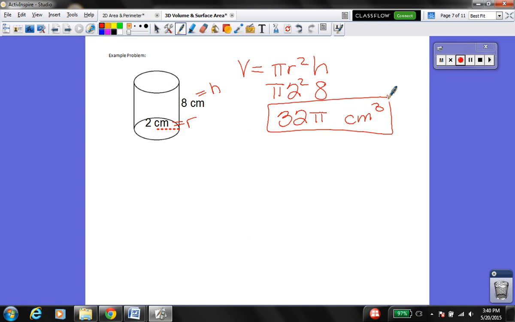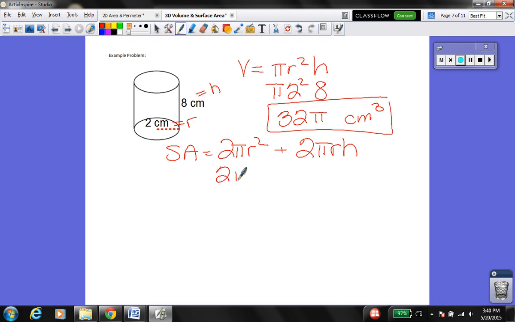Now the next one, this is the tricky one, surface area. Surface area is equal to the 2 circles, 2 pi r squared, and then the area of the rectangle, 2 pi r h. r was 2, h was 8.